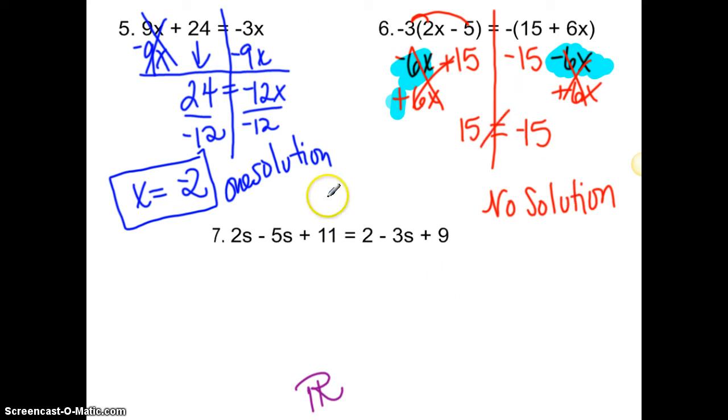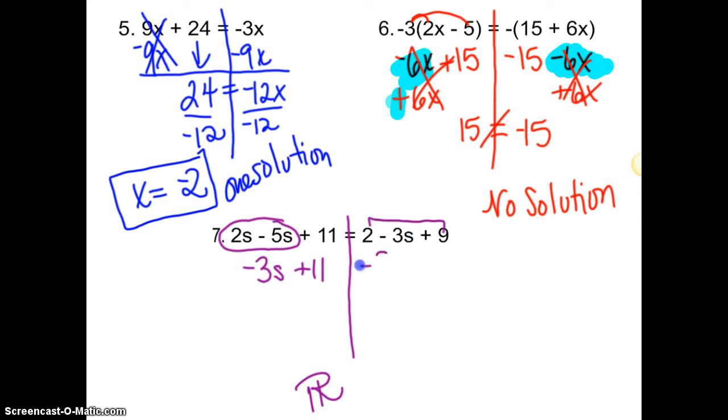And the last one, the reason it's all reals: I'm going to put these guys together, so combine like terms first. 2s minus 5s gives me -3 s's. Keep my plus 11. Over here, let's put this 2 and the 9 together. So I've got -3s plus 11.